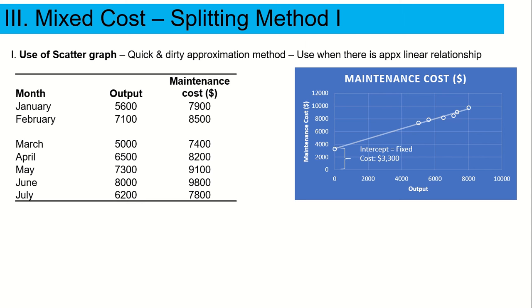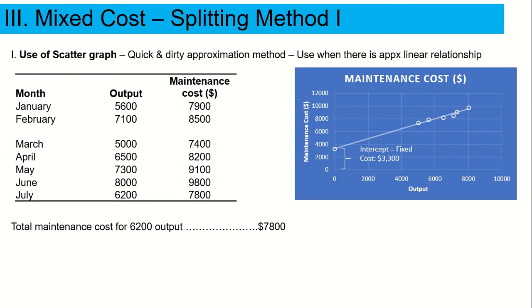If you then select the trend line and extend it to the y-axis where you've plotted maintenance costs, the point of intersection of this trend line and the y-axis is nothing but the point of fixed cost. This is called the point of intercept, which in this case is $3,300.